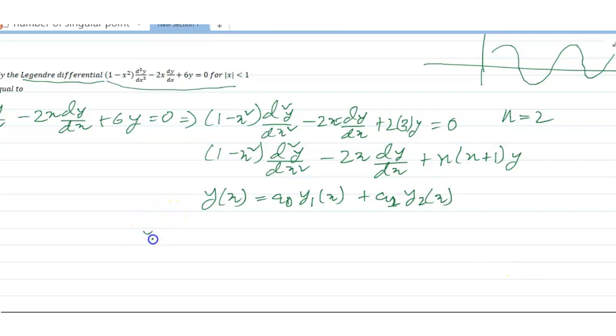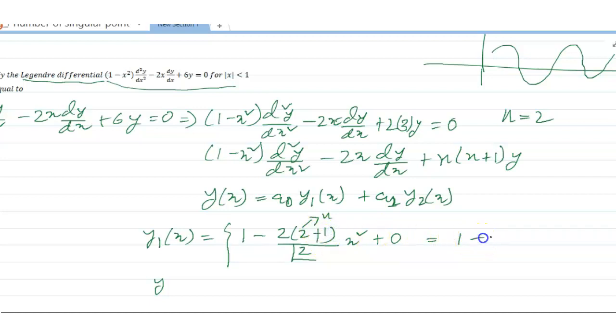The Legendre polynomial y1(x) equals 1 minus n(n minus 1)/2 factorial times x squared, with the other terms 0 for n equal to 2. So 1 minus 3/2 x squared, friends.